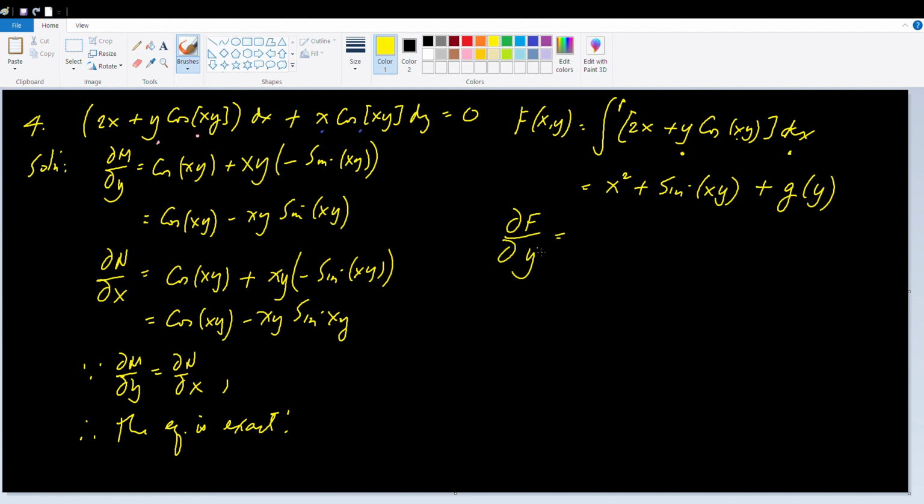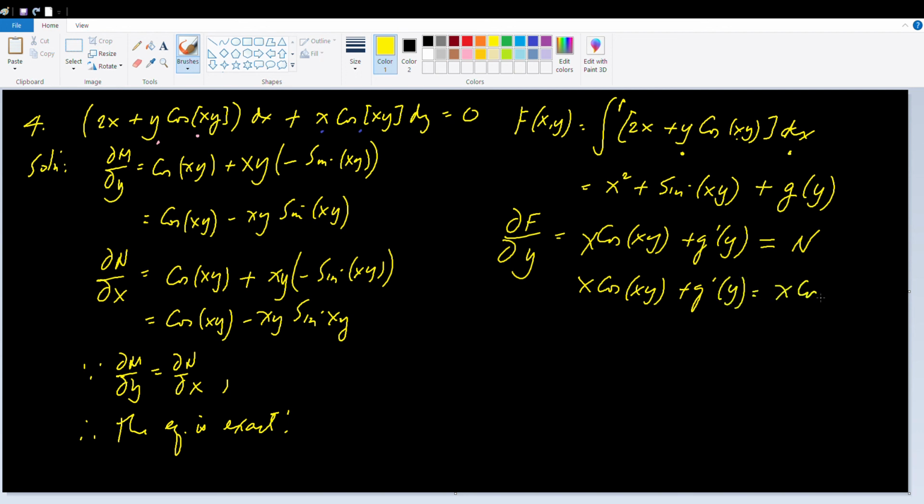Then you take the partial of f with respect to y. Derivative of x squared with respect to y is 0. Derivative of sine xy is cosine of xy, and the derivative of xy with respect to y is of course x, plus g prime of y, which must be equal to n. So x cosine of xy plus g prime of y must equal n, which is x cosine of xy.